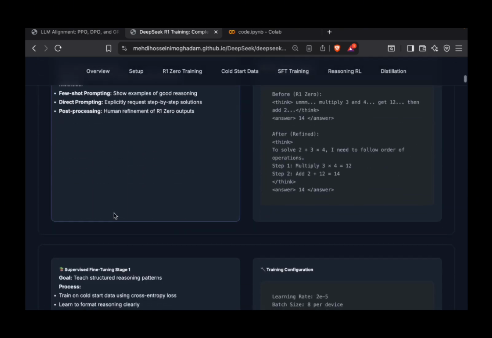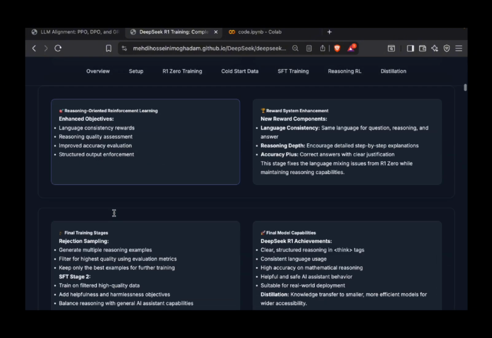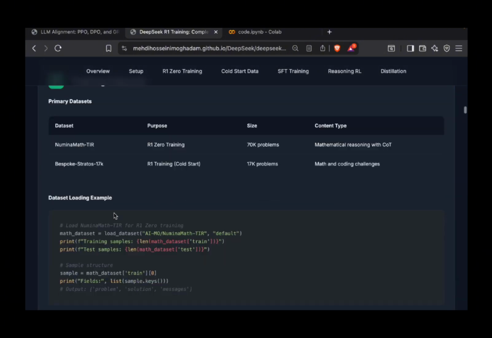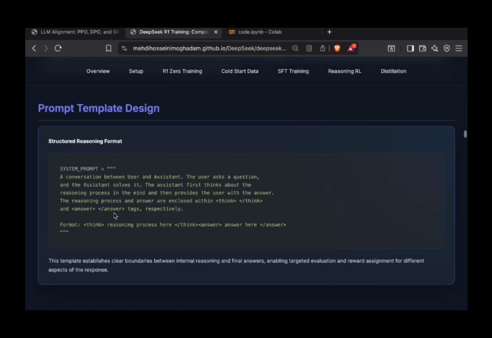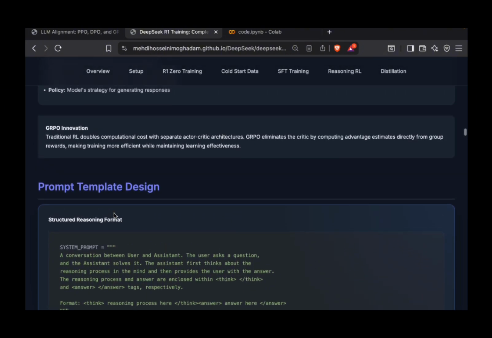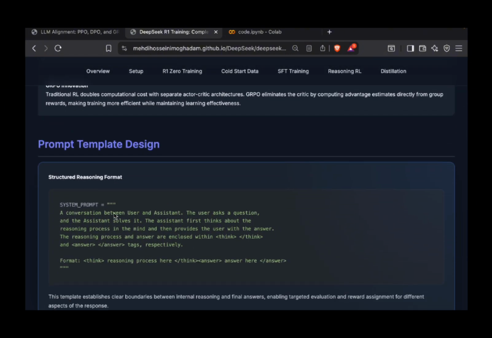So how is this possible? We have a bunch of reward functions, which we can see here, a prompt template design, and a bunch of reward functions in which we try to teach the LLM to behave within a certain framework and not give answers in any other way.